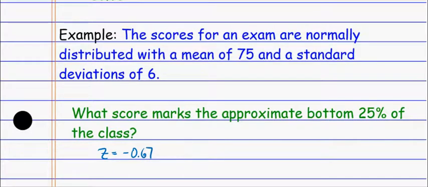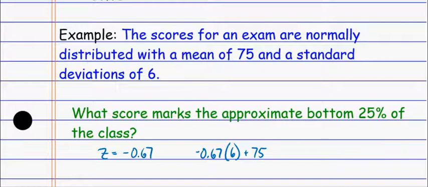So there's my z-score. If I want to convert that, that means I want to be negative 0.67 standard deviations below the mean. So I find negative 0.67 of a standard deviation, which means I multiply, and then I add that to the mean, which will take me negative 0.67 standard deviations below the mean. Okay, and again, that's where that little formula comes from. Again, this is a job for my calculator.